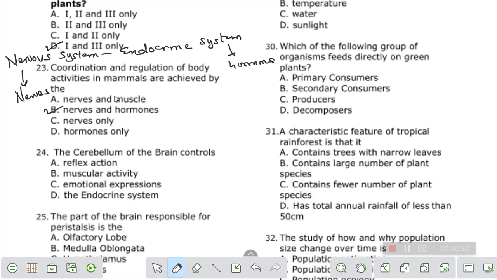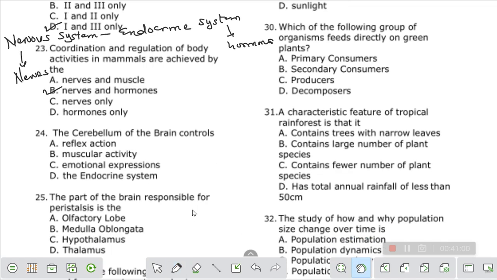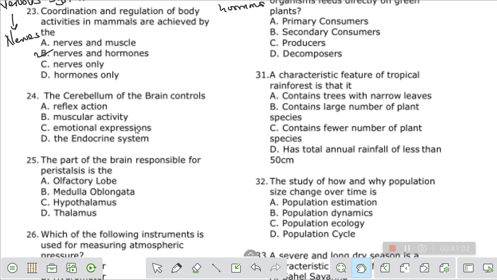I taught you this, so I will not touch much on it again. It actually helps in muscular activity. It helps in maintaining balance, posture, and controlling motor learning. So it also helps in coordinating voluntary movements.